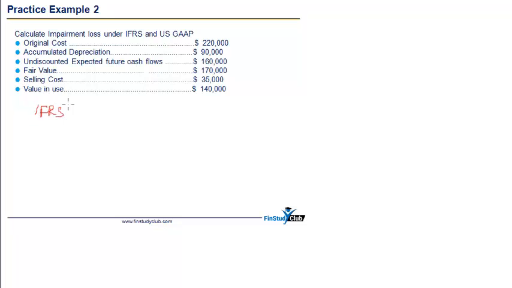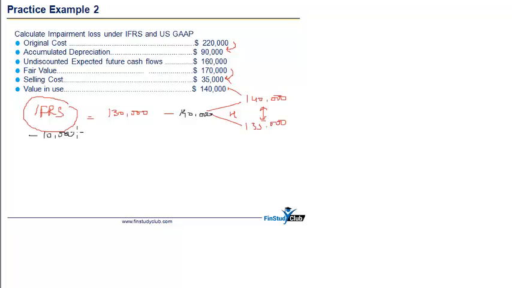So jumping on to IFRS, my net book value is 220 minus 90, it is 130,000, minus the recoverable amount, which is the greater of the value in use right here, 140, and your 135 fair market value, so the greater of the two is 140. The answer is negative 10,000. Obviously there can't be a negative loss. It basically says that the assets are not being impaired.